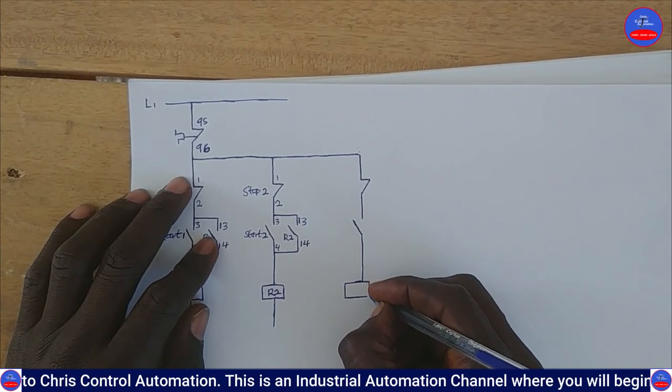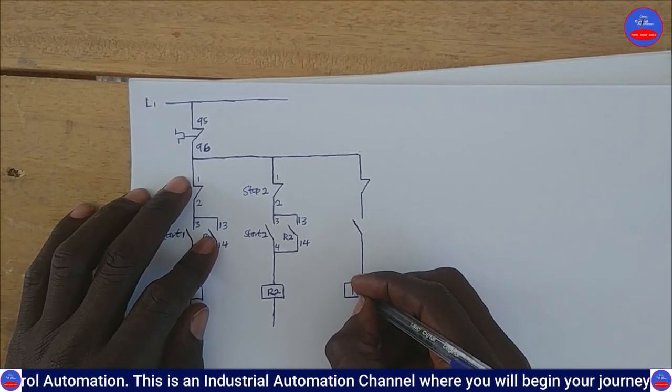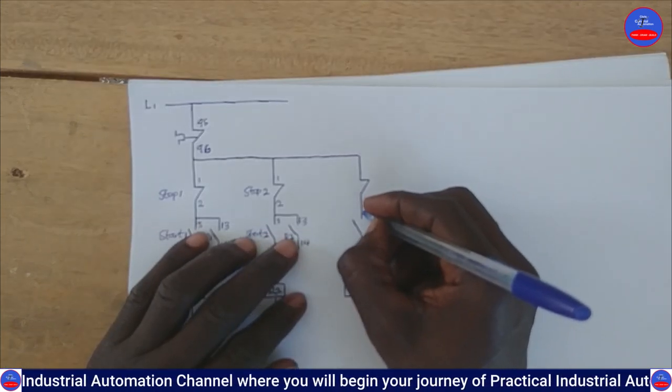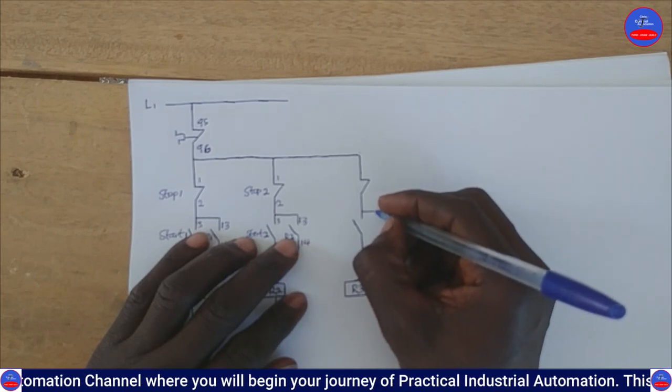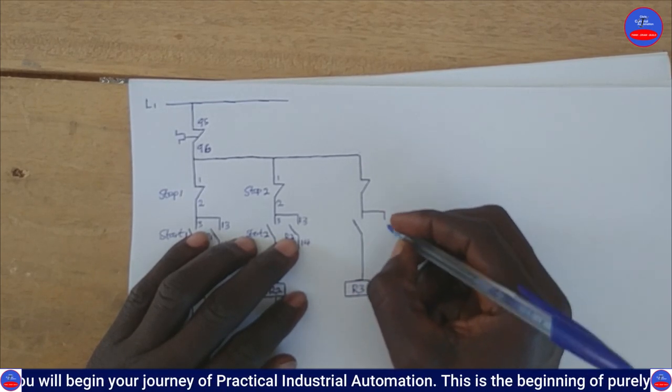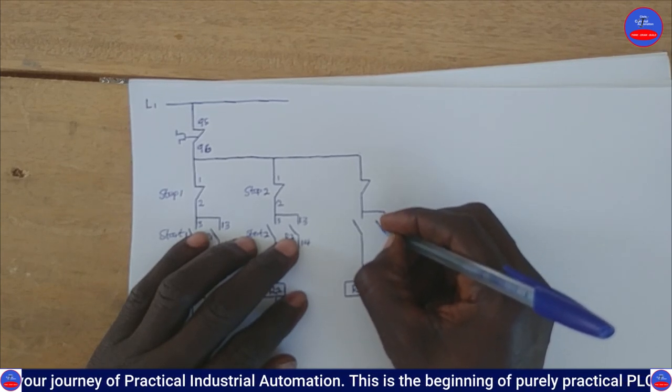This is our R3. So our start button, that is the hold on for this start button, or the relay 3.